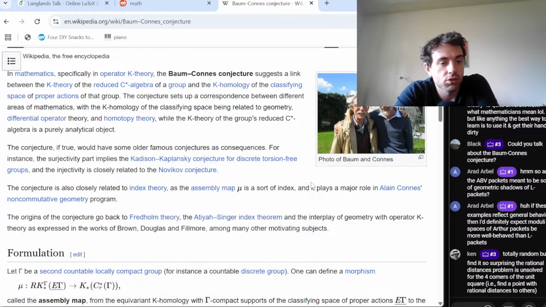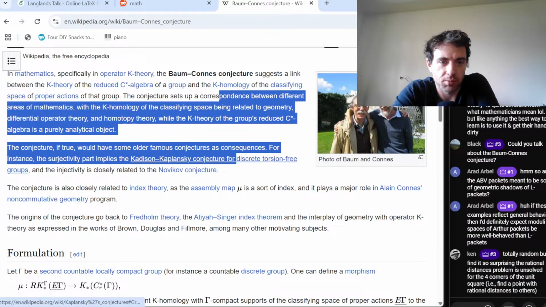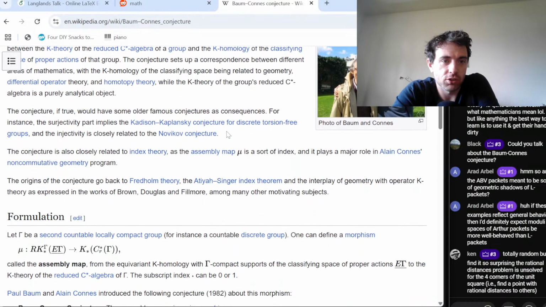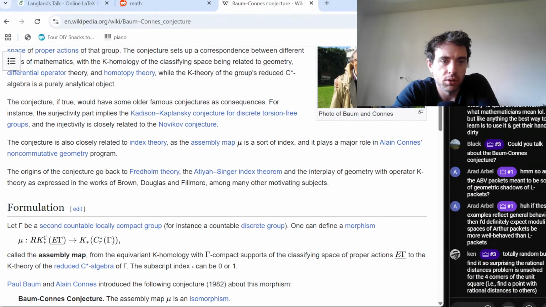So we've got some topological group, the C star algebra on it, and the classifying space of proper actions. Interesting. The conjecture sets up a correspondence between different areas of mathematics. The conjecture, if true, would have some older famous conjectures as consequences.